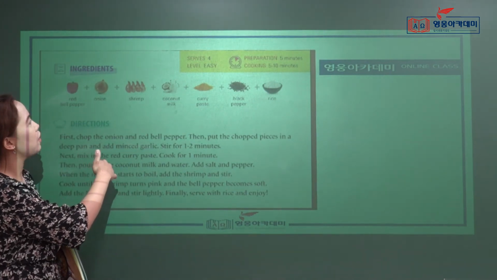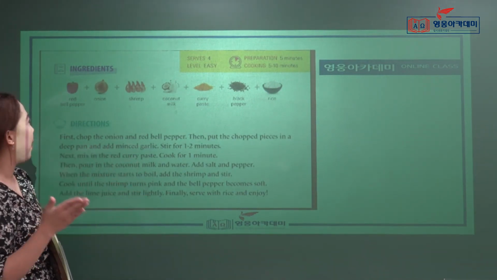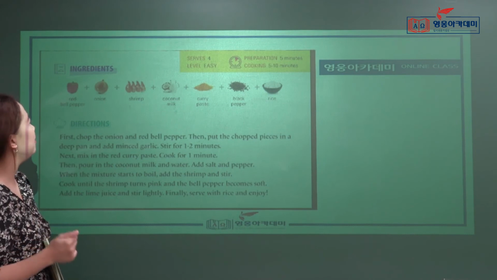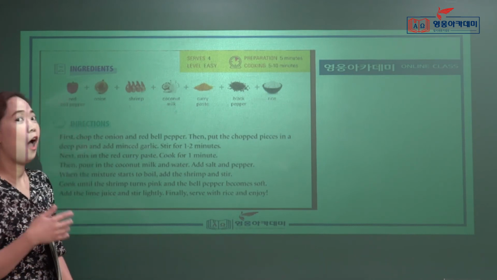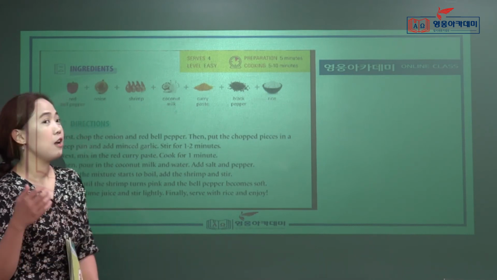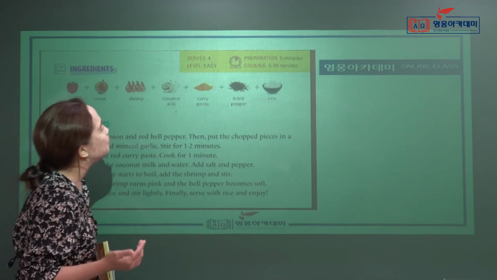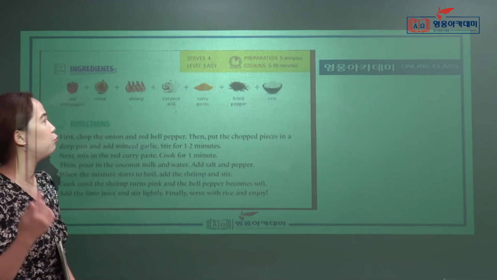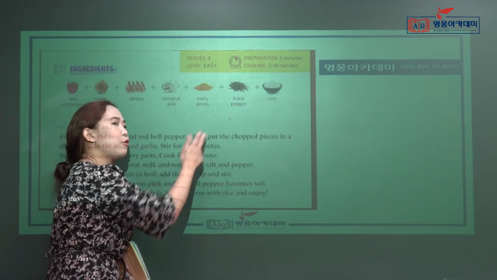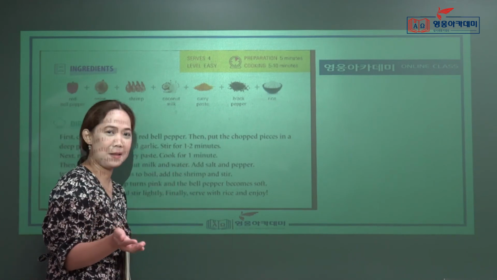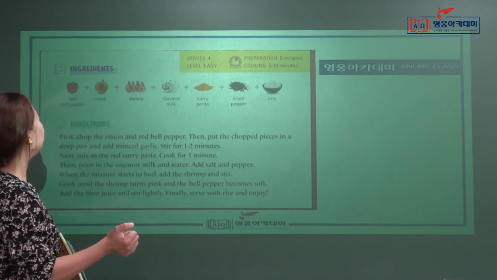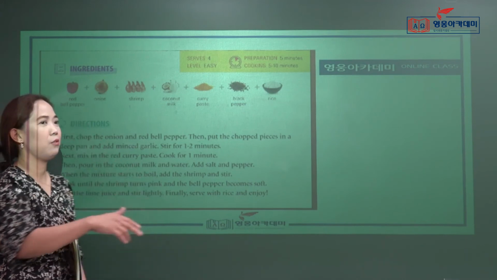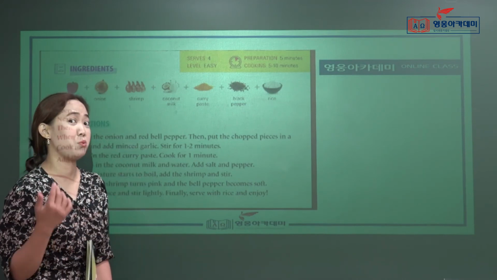All right, what are the ingredients? Red bell pepper, onion, shrimp, coconut milk, curry paste, black pepper, and rice. Listen guys, there is black pepper and there is also white pepper. And also for the red bell pepper, there is red bell pepper and there's also green bell pepper.